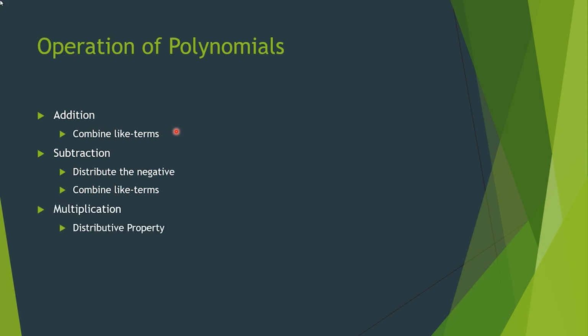And then multiplication, when you multiply polynomials, you're just using the distributive property. And then GCF stands for greatest common factor. It's also considered greatest common divisor, the largest number that you can divide those factors by evenly.